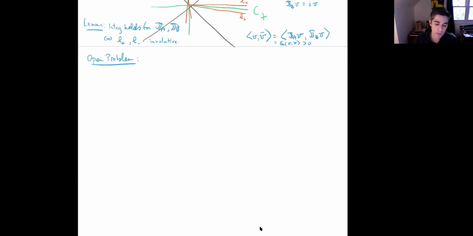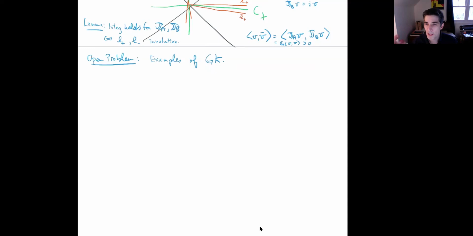But the open problem is the following. So when we look at examples of generalized Kähler structures, there's 2 things that I want to say. From the physicist's intuition and from my experience, there's tons and tons of generalized Kähler structures. There are many of them.